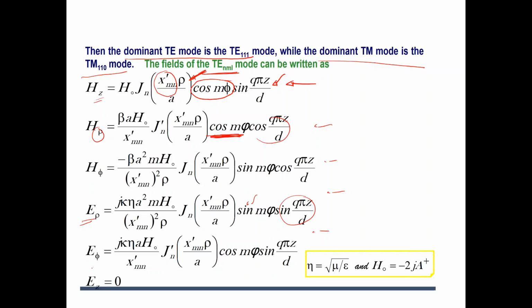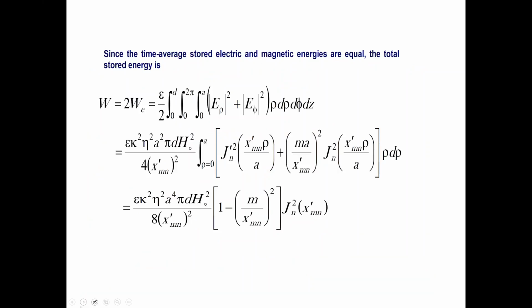And for the phi term, you need the derivative of this with your r term, the derivative of the Bessel function with r, and that's it basically. So these are the dominant modes which can be excited.